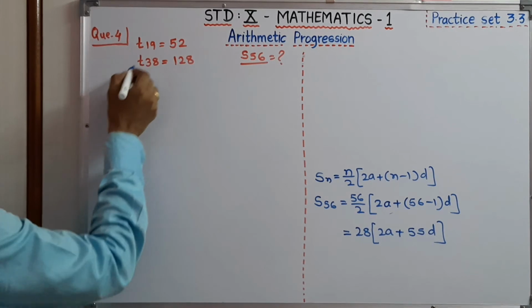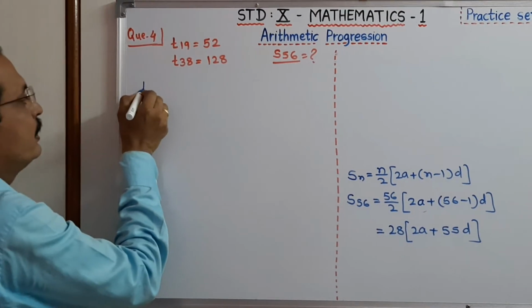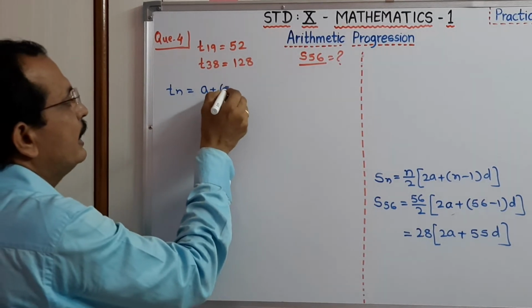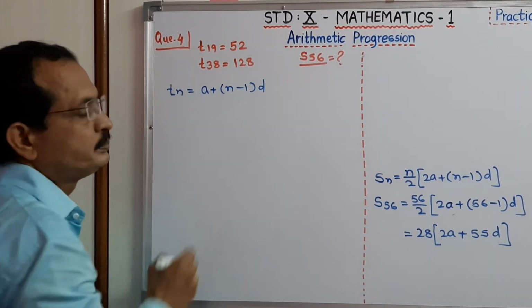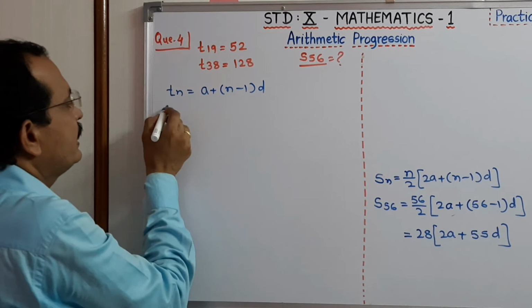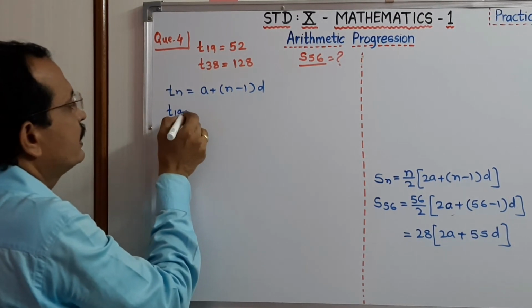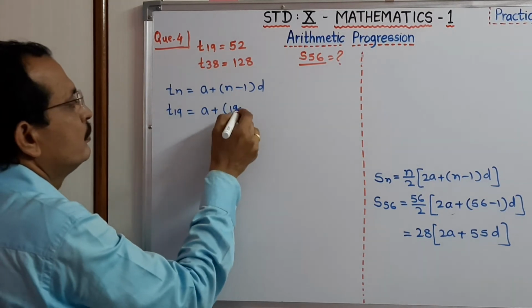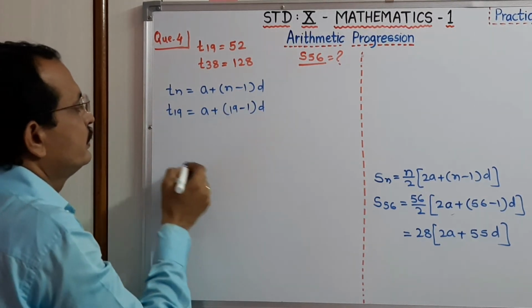Now start with T19. Here Tn is equal to a plus n minus 1 into d. Now T19 is given, therefore we write T19 is equal to a plus 19 minus 1 into d.